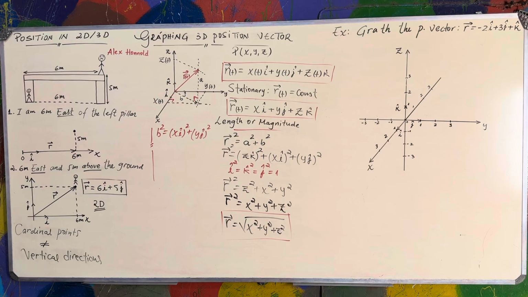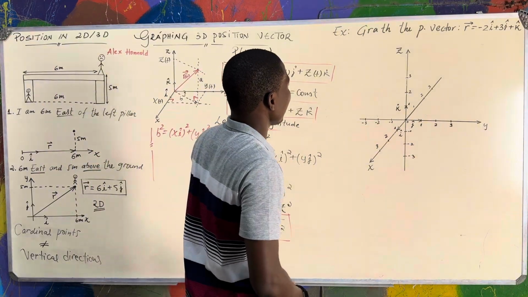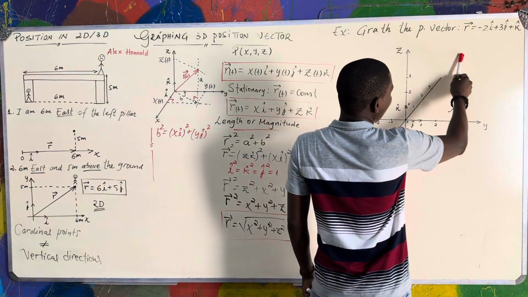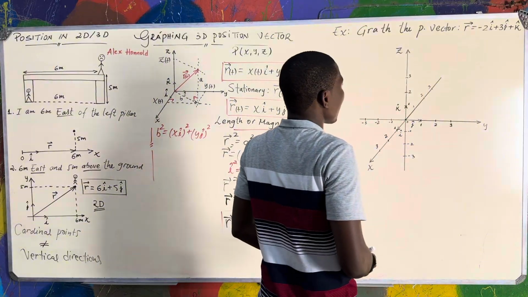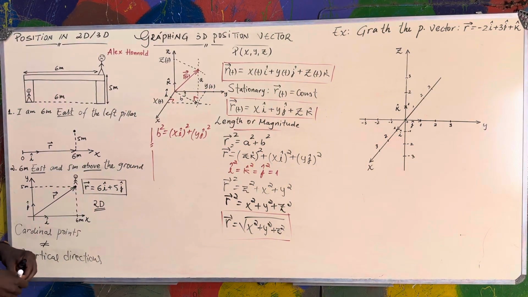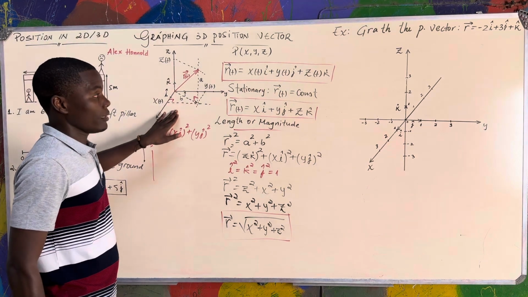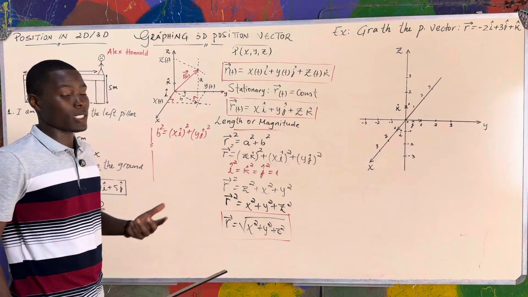In order for you to apply what we've learned here, we're going to solve a simple example. Graph the position vector r equals minus 2 i hat plus 3 j hat plus k hat. What I'm going to do here is not use the parallelogram method as we did earlier, because I want to make it much simpler.